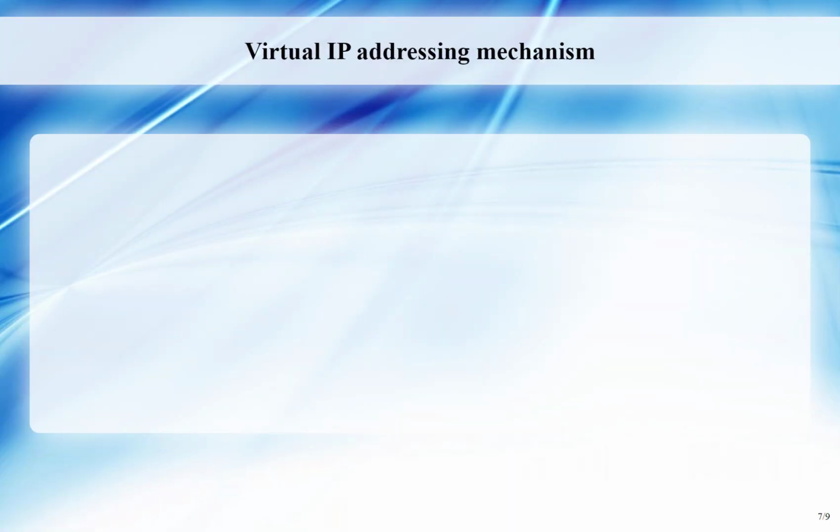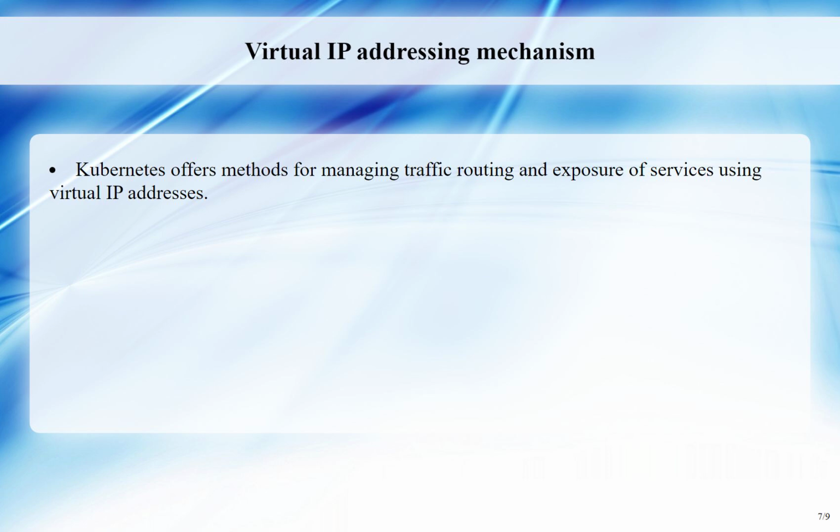Virtual IP addressing mechanism. The text discusses various mechanisms provided by Kubernetes to manage traffic routing and exposure of services with virtual IP addresses. It explains how you can control traffic routing to healthy backends using fields like .spec.internalTrafficPolicy and .spec.externalTrafficPolicy.